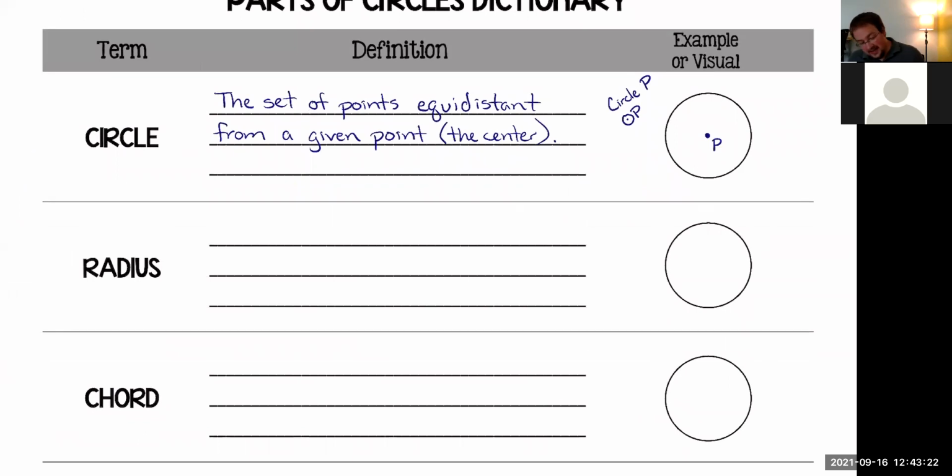Next one on our list is a radius. Now this one, again, is a word we used previously. We had it in one of our formulas for calculating the surface area of a cylinder.